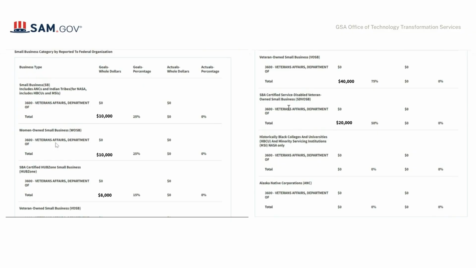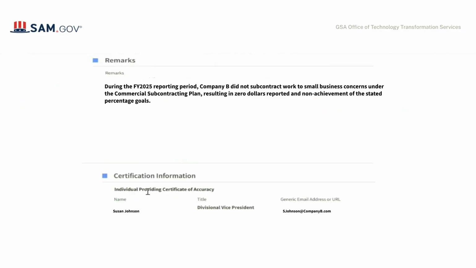And then this table caters to the small business categories reported to each federal organization. And this particular report has only reported to Veteran Affairs. So all the SDB through ANC has been recorded here, followed by the remarks and the certification information.